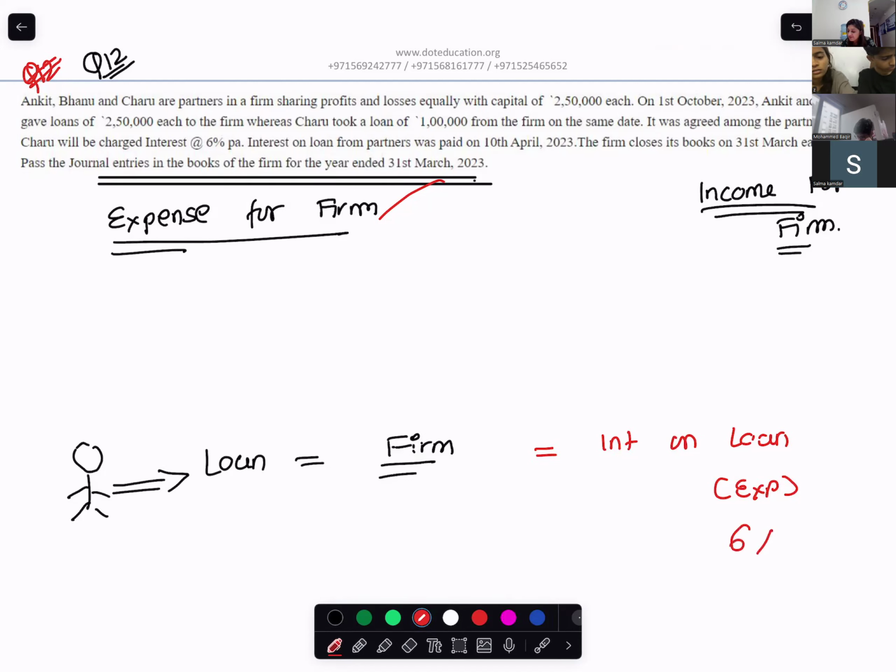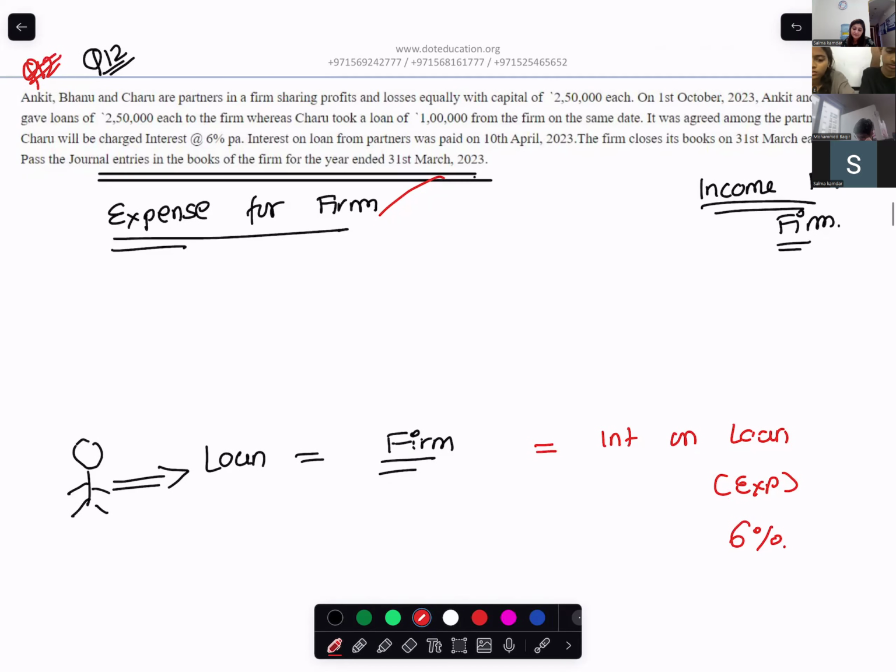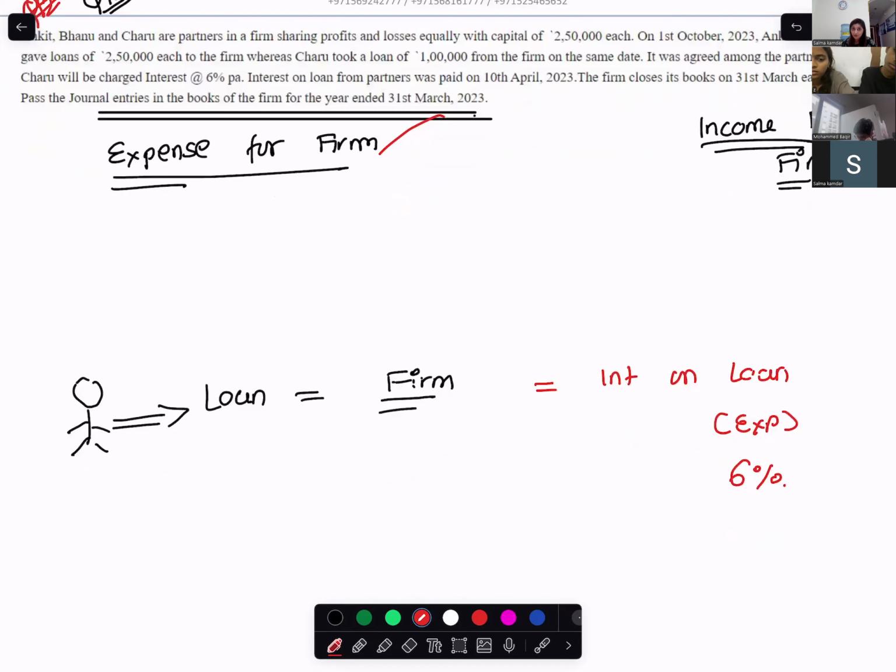And where will this appear? Interest on loan, where will it appear? It will appear in the profit and loss account, debit side. It is an expense for the firm, or I could say it is a charge against profit.